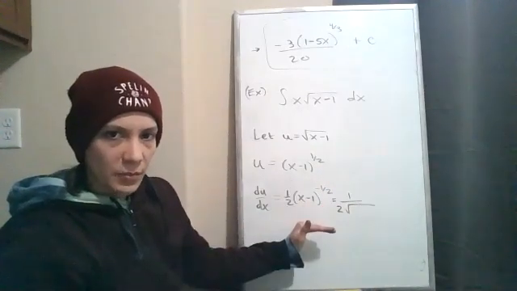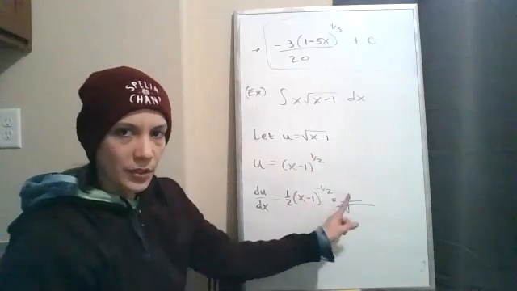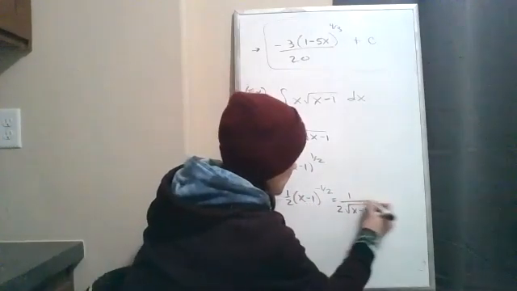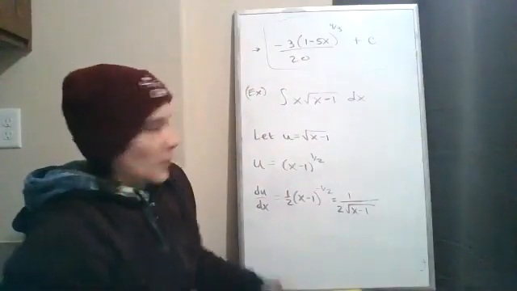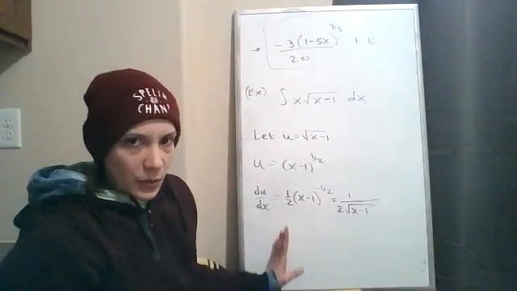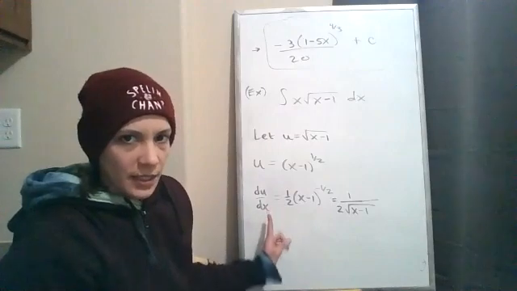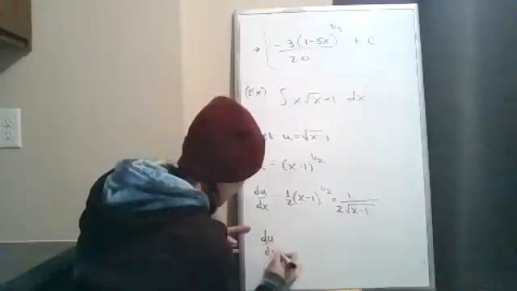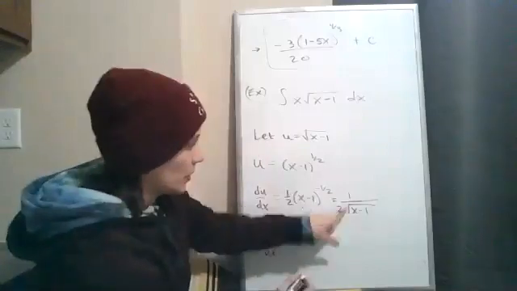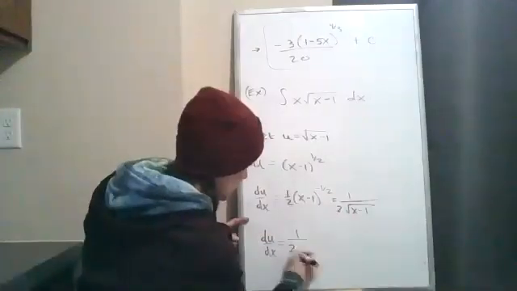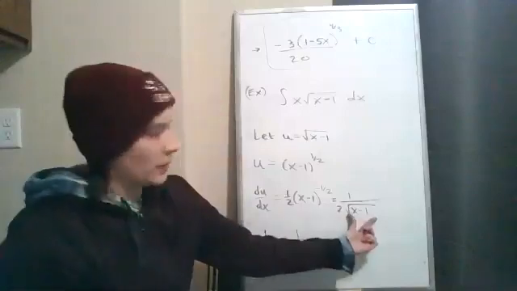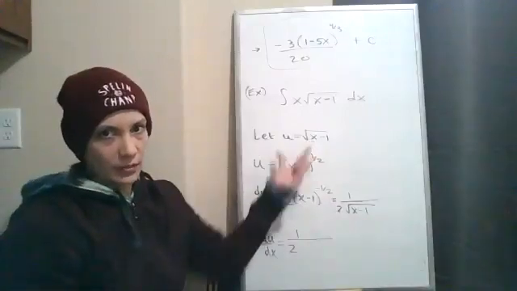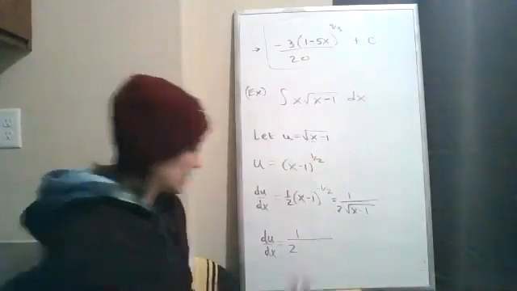We can put it in the denominator and change back to the root of x minus 1. Okay, so this problem needs a little extra work. What we've got so far is du dx equal to 1/2. And just remember, the root of x minus 1 was u. So we're going to put u right here.